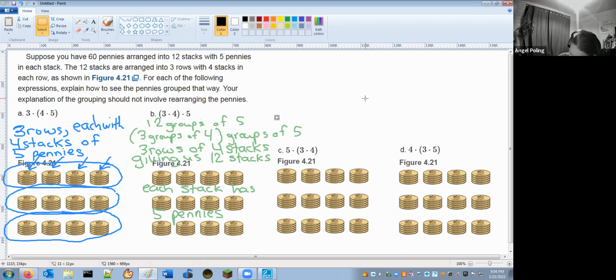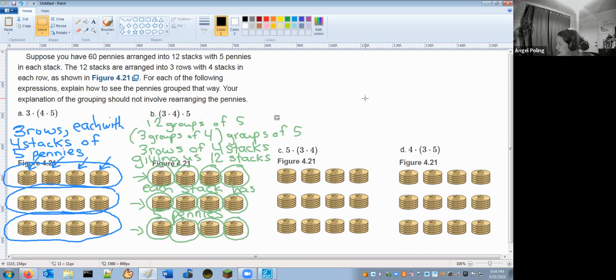Okay, so this one here is a little harder to circle just because we're going to have 12 groups. I don't know if they ever meant for us to circle them, but we have 12 groups, the groups themselves being made of these rows and columns type of thing.